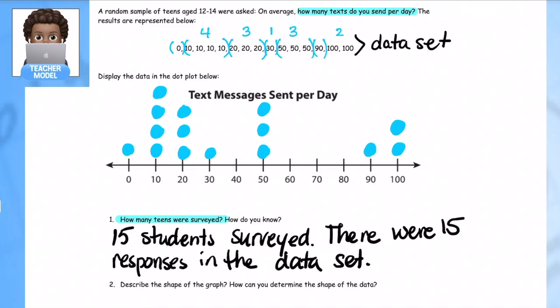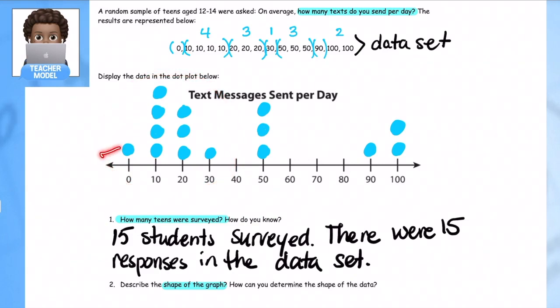Let's look at the second part. Describe the shape of the graph. How can you determine the shape of the data? When I'm looking for the shape, I'm looking for clusters. I'm looking for, is there an increase, a decrease? What I notice is we have a lot of data around here.